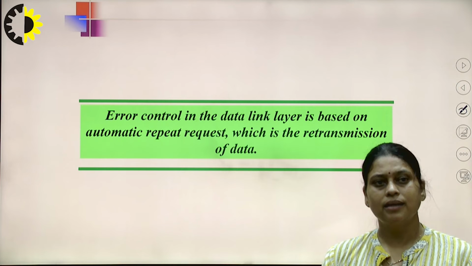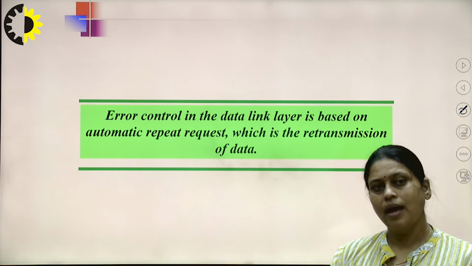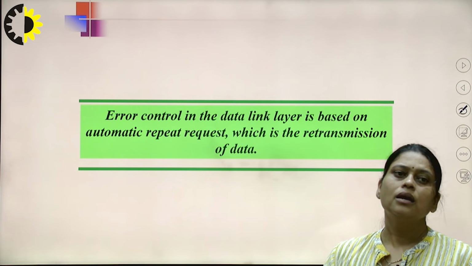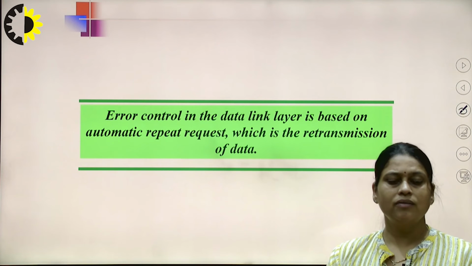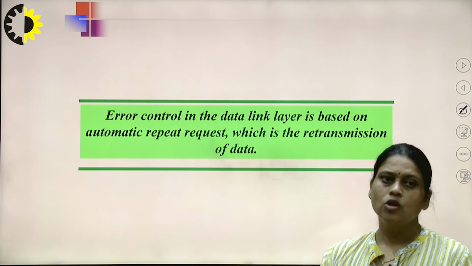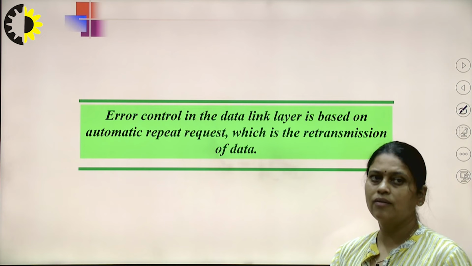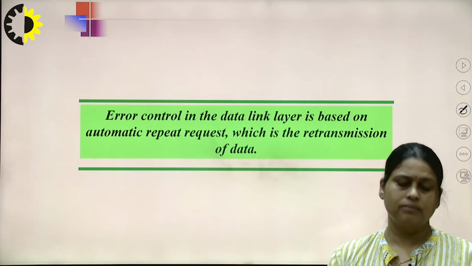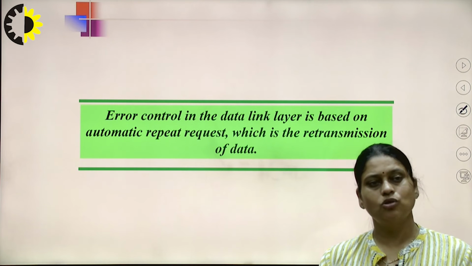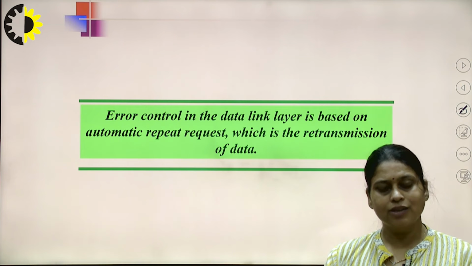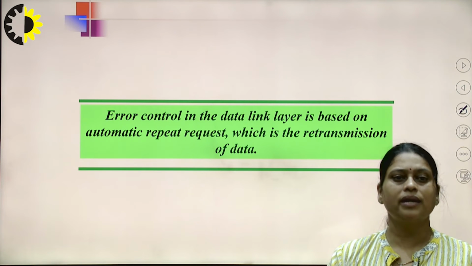In that case, with the help of the error control facility, we can retransmit the same data or the same frame again, so that the data transmitted by the source can actually be received by the destination without any failure or error.